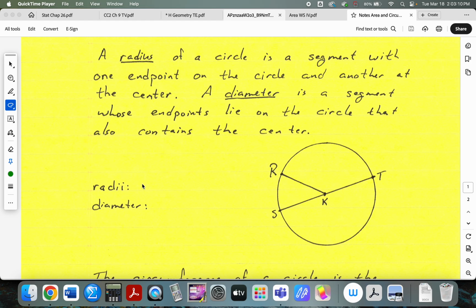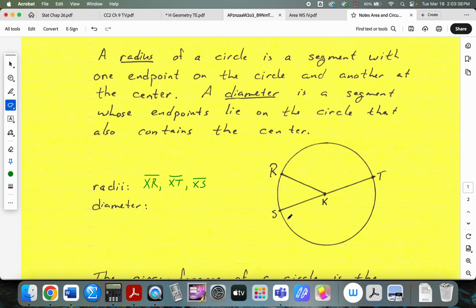Those all come from the same language, where something that ended in US, they dropped the US and added an I to make it plural. So the radii in this picture are segment XR, segment XT, and segment XS.